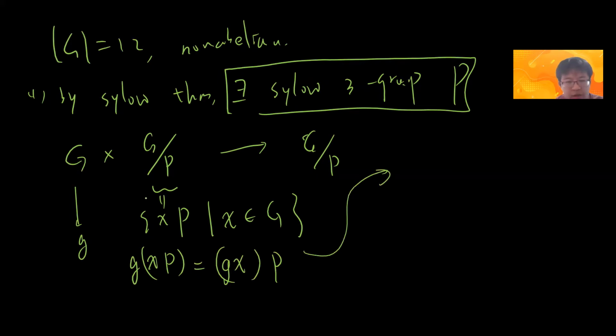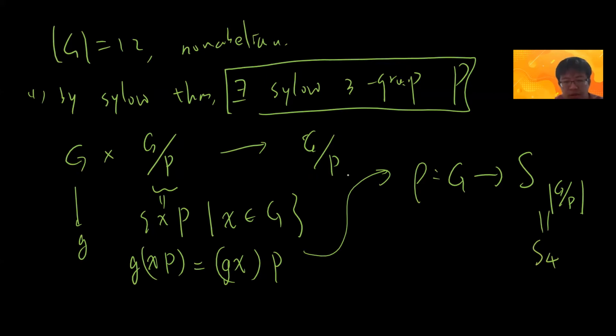This group action will construct a homomorphism from G to the symmetric group on G modulo P. Because the index of P is 4, since 12 divided by 3 is 4, this is actually S4.